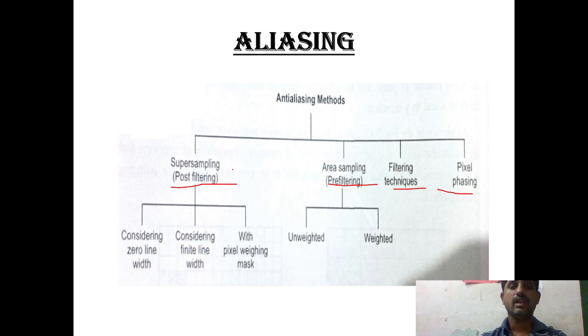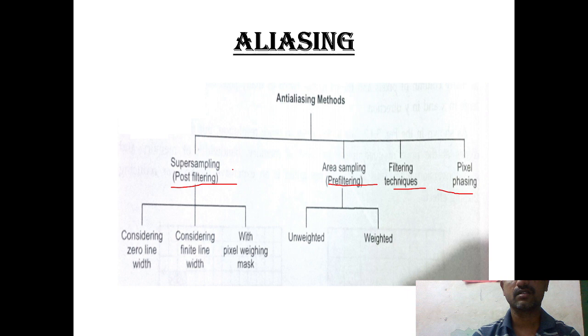So these are the different methods of anti-aliasing techniques: super sampling, area sampling, filtering, and pixel phasing. Super sampling is post filtering, area sampling is pre-filtering. In super sampling we consider zero line width and finite line width, with weighting of the masks.